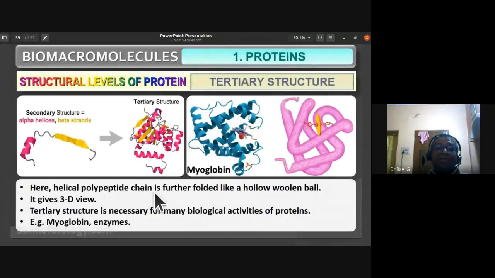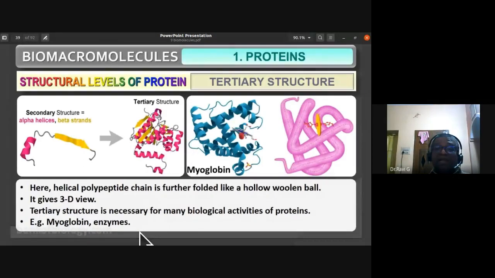Here the helical polypeptide chain is further folded like a hollow woolen ball. Hollow means there is a space. So it gives a three-dimensional view in the case of the tertiary structure. Tertiary structure is necessary for many biological activities of proteins, like myoglobin and enzymes, which have these tertiary structures.